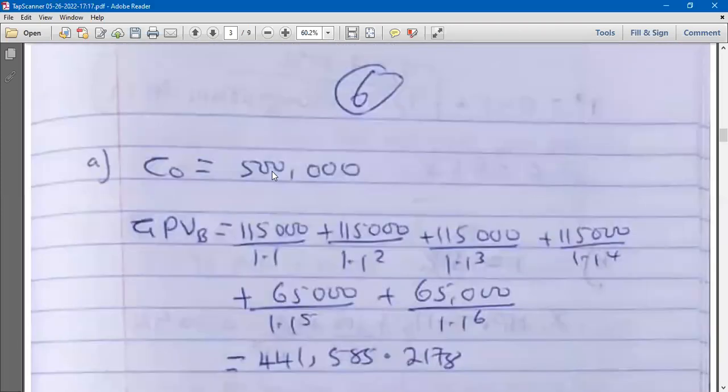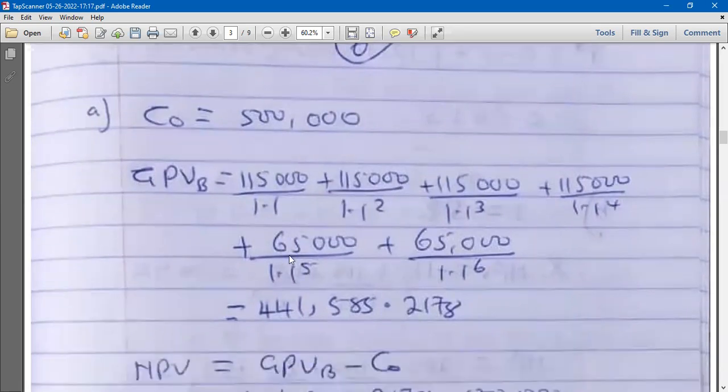Okay, so the C0 is the 500,000. And then we need to find the gross present value for the benefits. The discount rate is 10%, so the denominator will be 1.1. So for the first year, we have 115,000 over 1.1. Then the second year, 115,000 over 1.1 squared. You do it up to the 4th year.